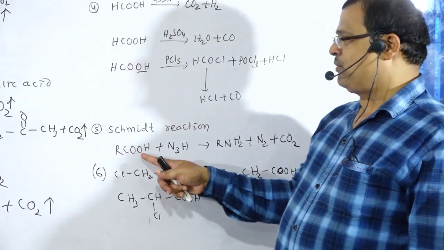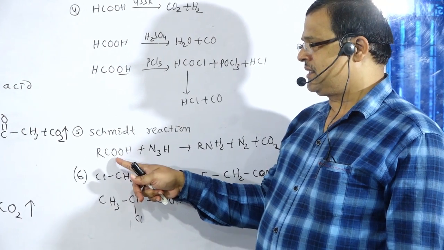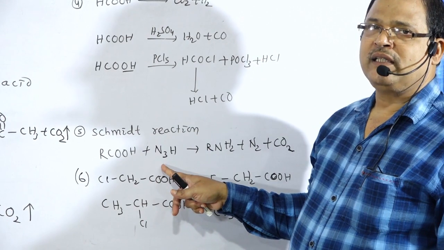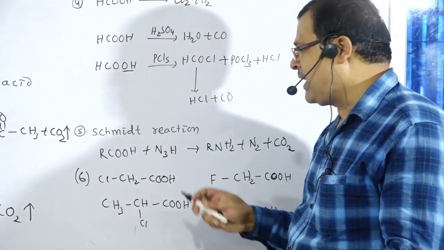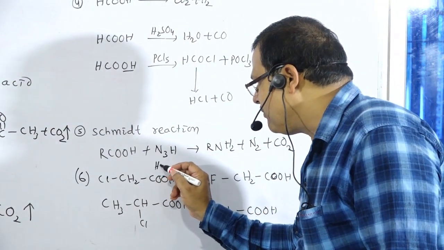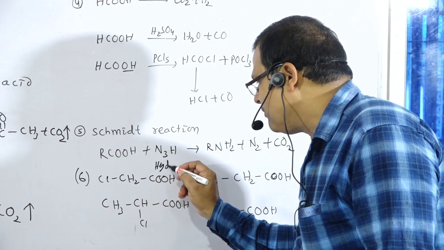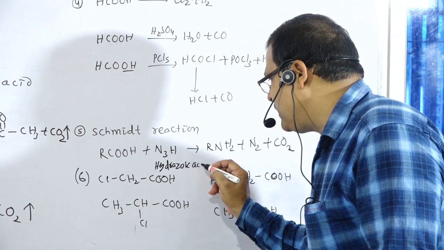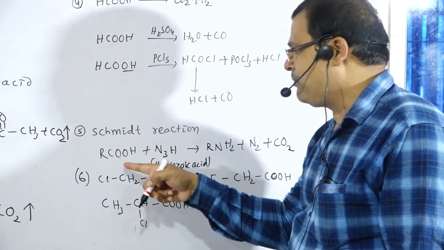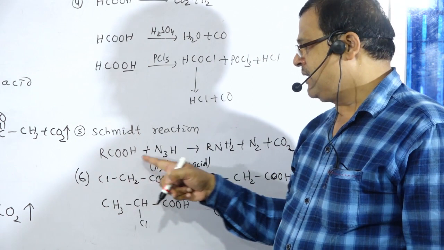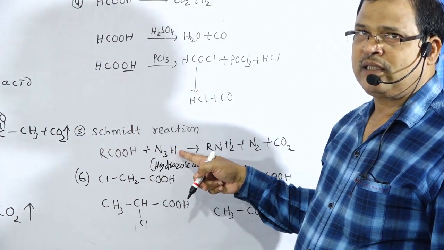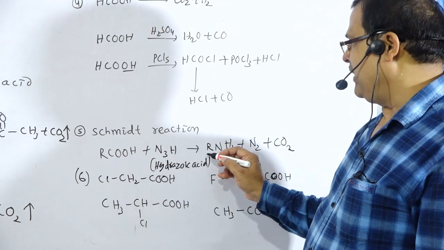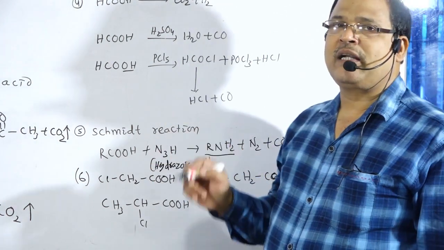So whenever the carboxylic acid, RCOOH, is treated with N3H, known as hydrazoic acid, then there is the formation of an amine with one carbon atom less.